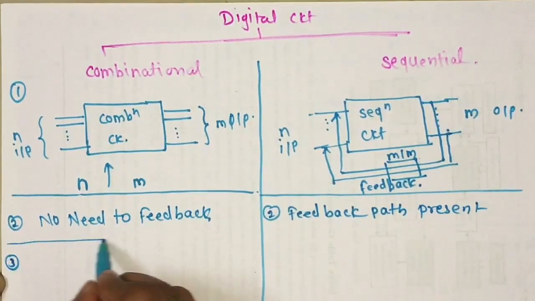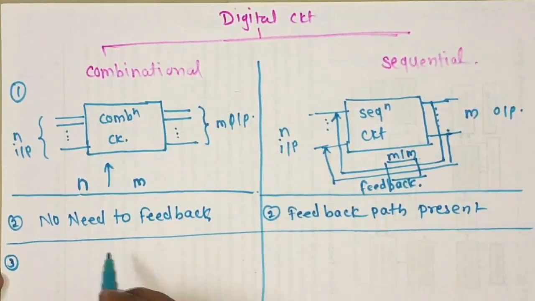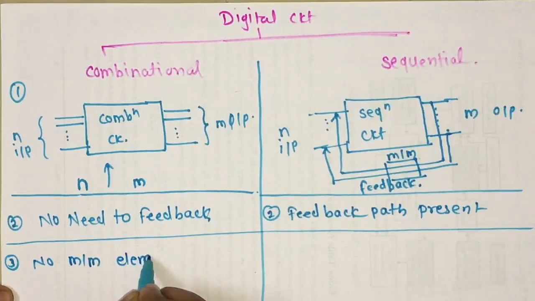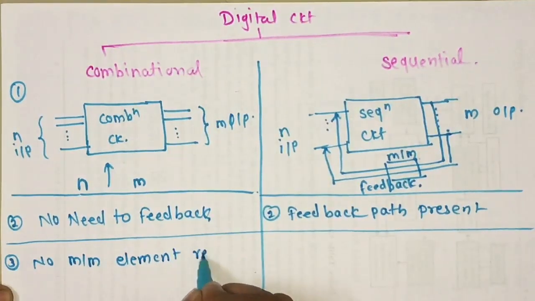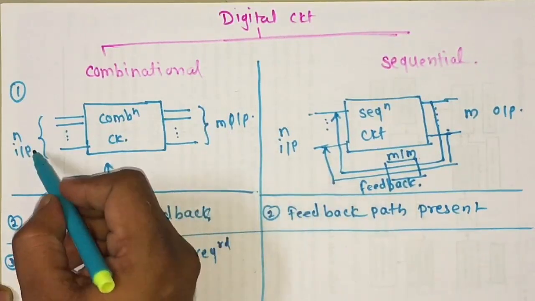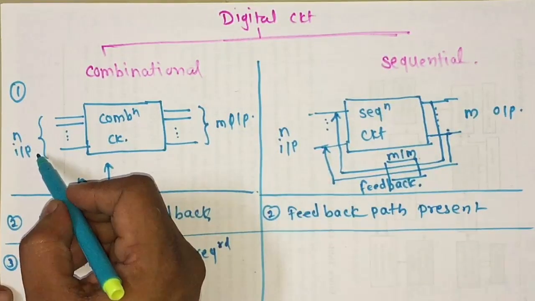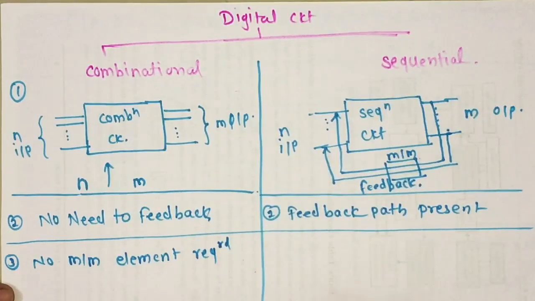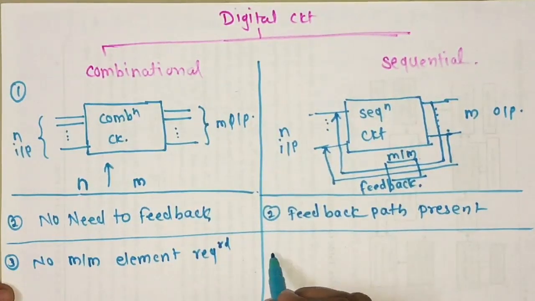The third point regarding these two circuits is that here no memory element is required, because the output depends only on the current input. There is no need to save past outputs, that's why the memory element is not required.